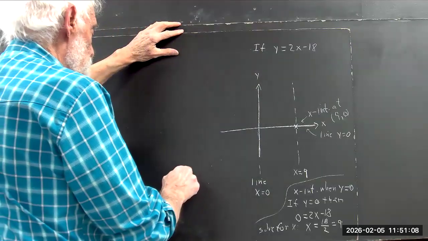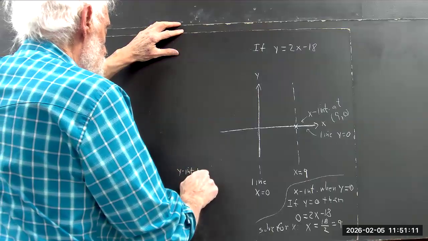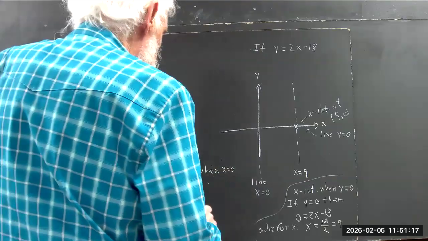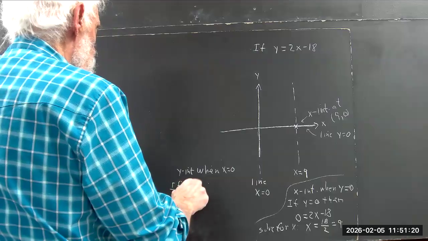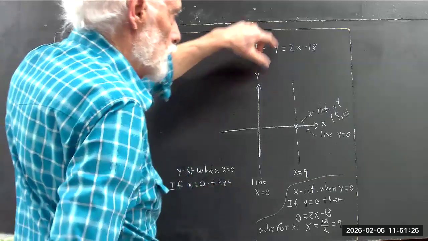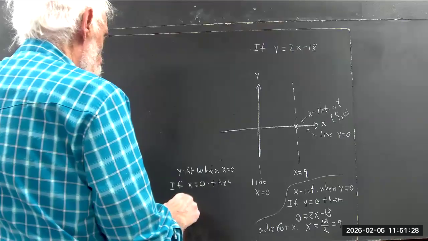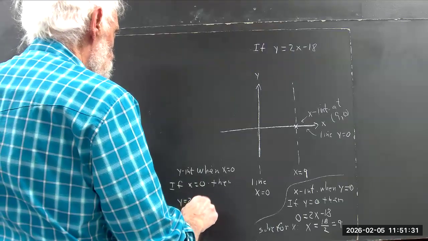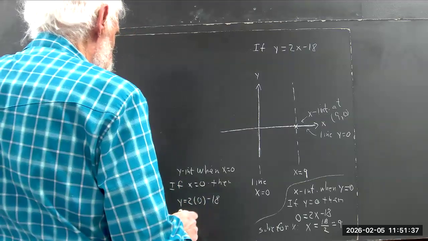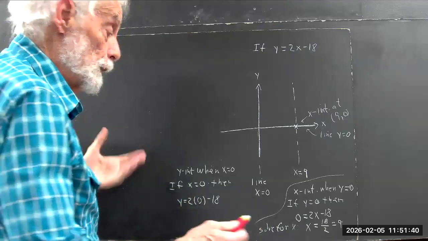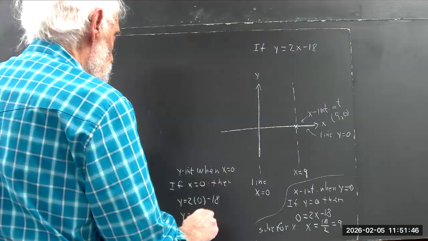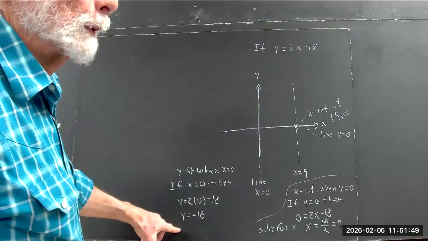We say that the y-intercept occurs when x equals 0. If x equals 0, then for the line y equals 2x minus 18, we get y equals 2 times 0 minus 18. Well, 2 times 0 is easy, that's 0. This just gives us y equals negative 18. So the y-intercept is often the easy one.